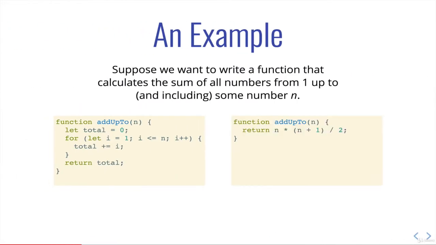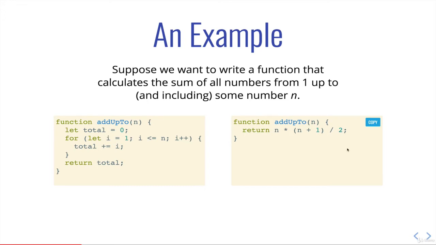Next, there's a second solution. There's more than these two, but these are two that I'm going to use because they illustrate my point. This one is definitely less intuitive. As you can see, it's a lot shorter. It's a single line, which doesn't necessarily make it better, but it's very different. There's no loop involved. It's more of a mathematical formula. We take n and we multiply it by n plus 1, divided by 2.